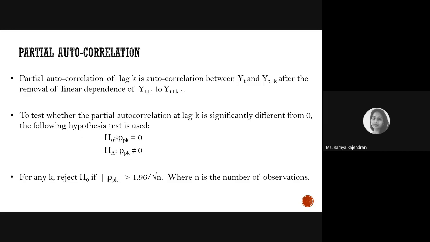You use the same hypothesis test to reject or accept the null hypothesis. The partial autocorrelation function should be greater than 1.96 divided by square root of n to reject the null hypothesis.